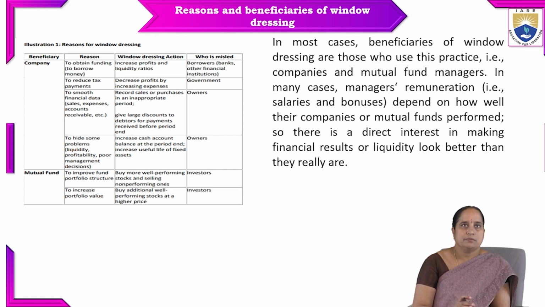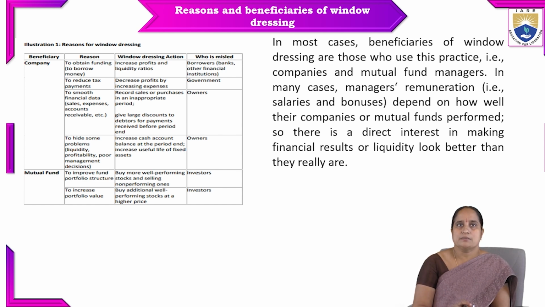The companies raise funds or borrow money from financial institutions and banks. And what kind of window dressing action does the company take? Increase profits and liquidity ratios, and who is misled? The lenders from whom the company seeks funds, like banks and other financial institutions.